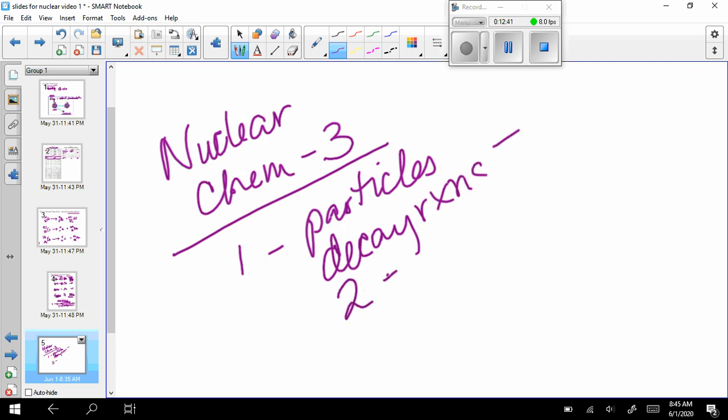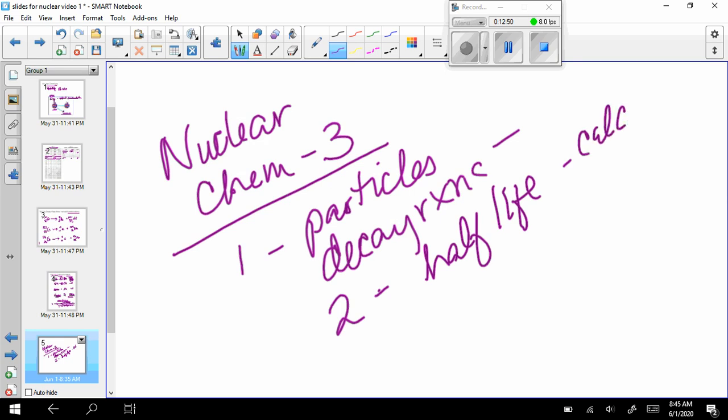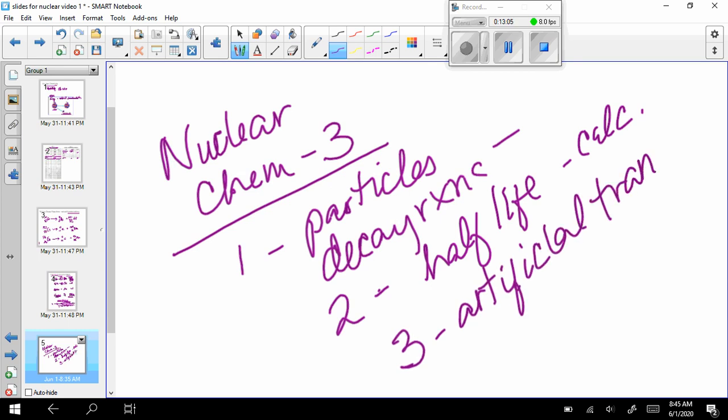Week 2 is going to be half-lives. I know you've probably done half-life problems before. This is all calculating, like, if one half-life has gone by and you started with 100 grams, how much is left? And then the third week is doing artificial transmutations, so things like fission and fusion. And that brings us to the end of chemistry.